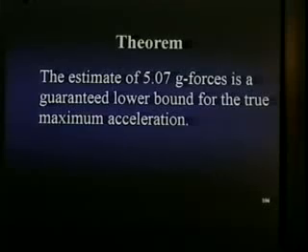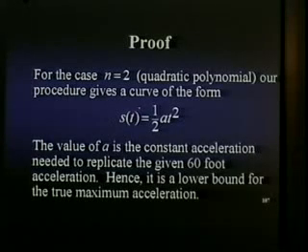Now, here's a theorem. Every talk has to have a proof, okay? The estimate of 5.07 is a guaranteed lower bound. Why? Proof. See, a quadratic with the first derivative 0 at t equals 0 looks like that.